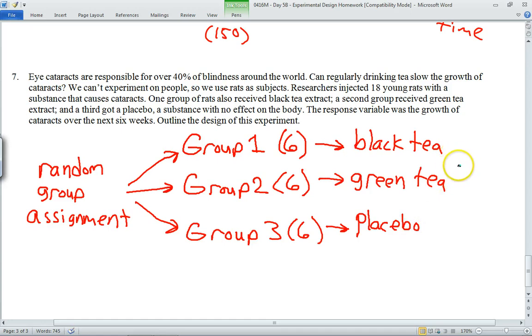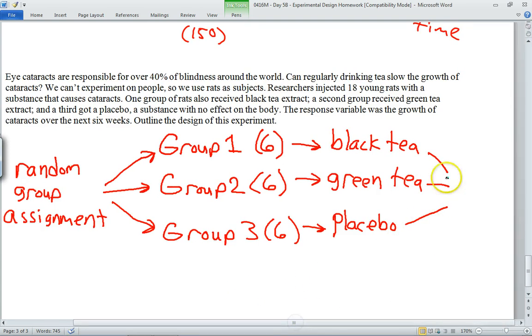And then we will compare cataract growth.